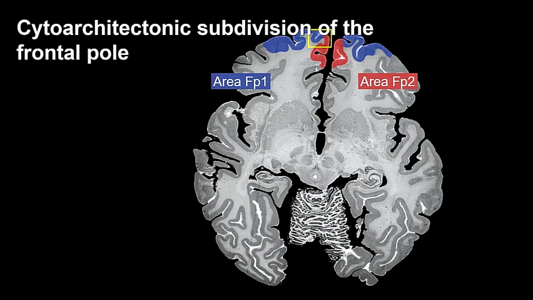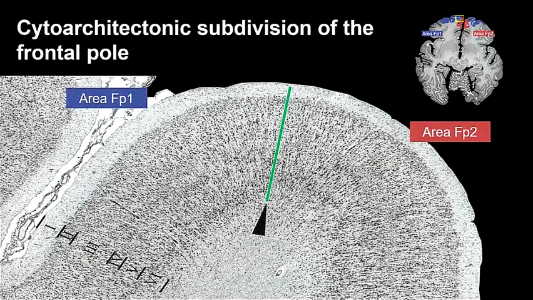This is Brodmann's area 10, where we can see under the microscope that there's a border between two different areas, the frontal polar area 2 and the frontal polar area 1, which differ, for instance, in the density of the third layer, the outer pyramidal cell layer.